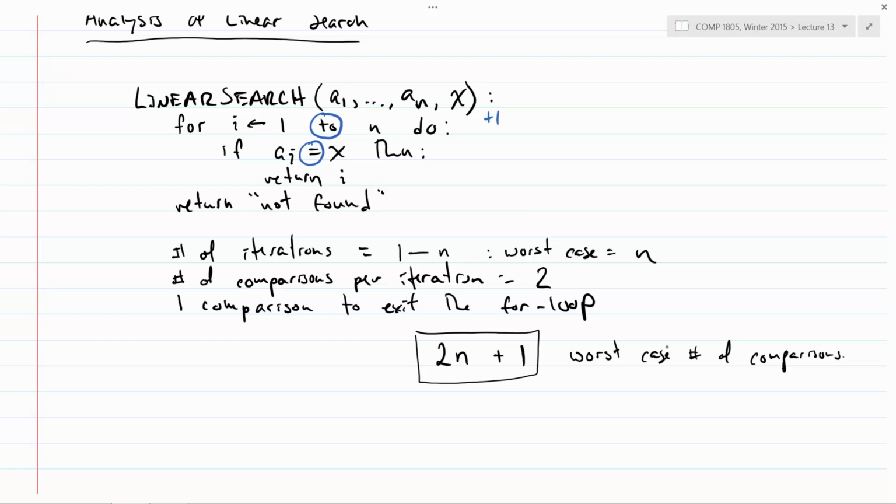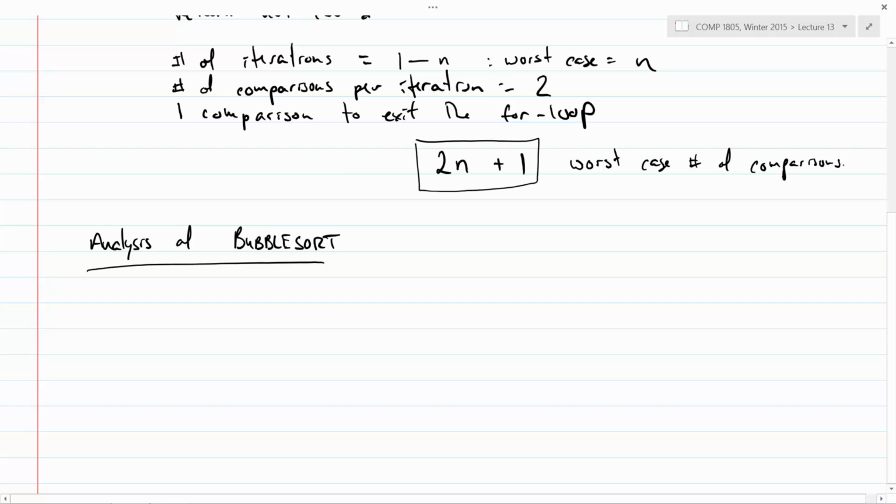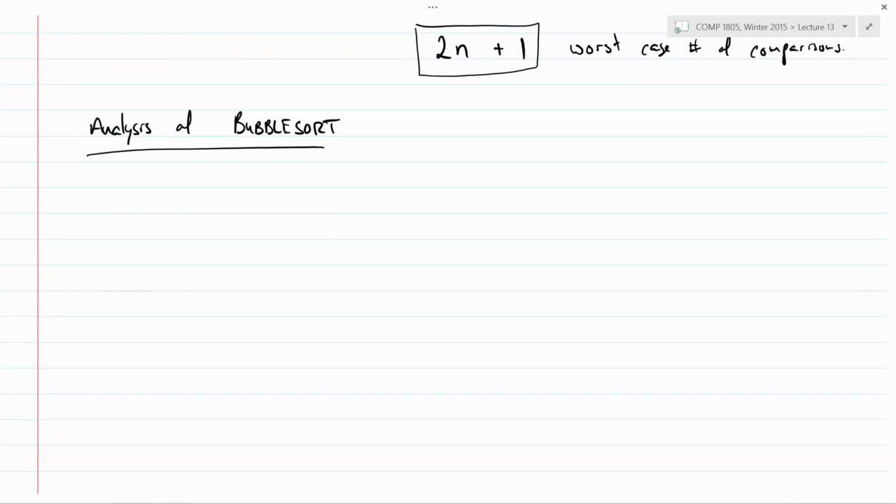All right. So now we're ready to start analyzing some interesting algorithms. So let's do the analysis of bubble sort. To refresh your memory, I will give the code again. The way it works is this.